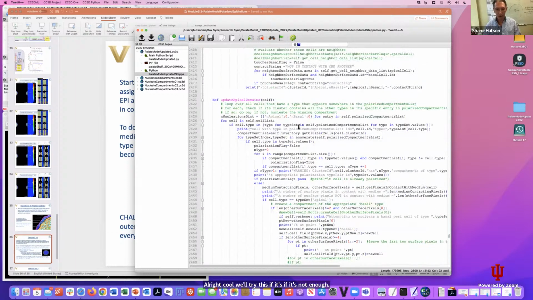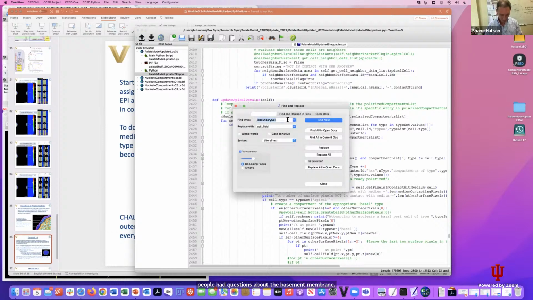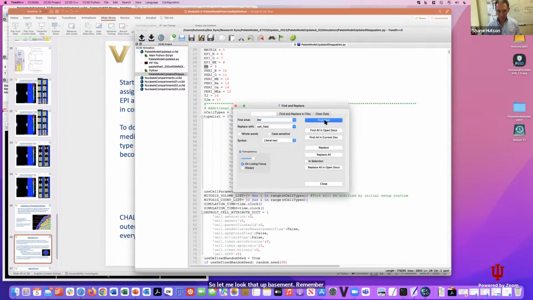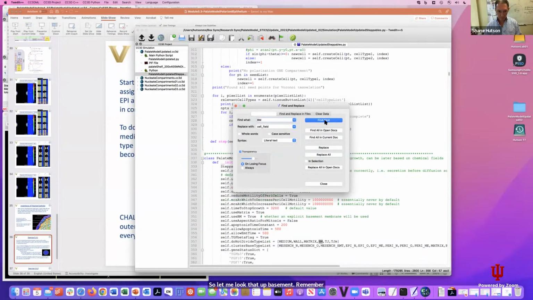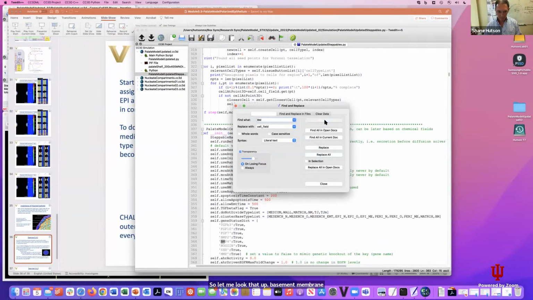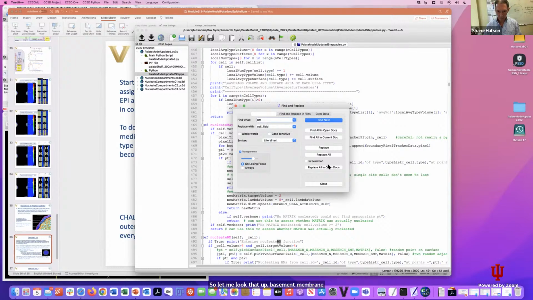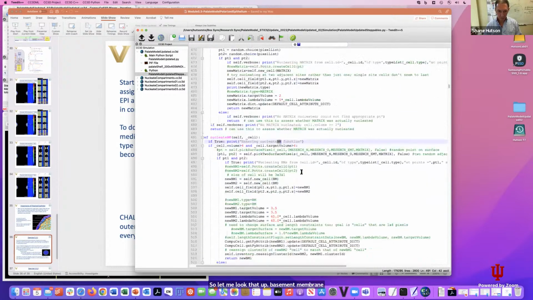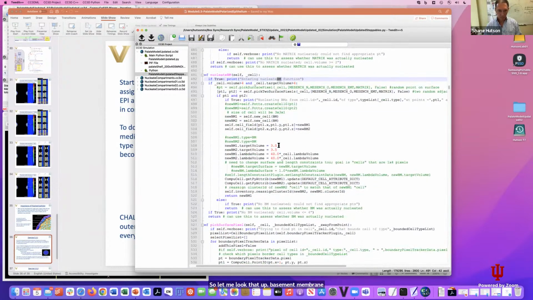So actually, people had questions about the basement membrane. So let me look that up. Basement membrane. Yeah, so here was where we nucleate little elements of basement membrane. So we're basically checking to see, well, this starts them out.